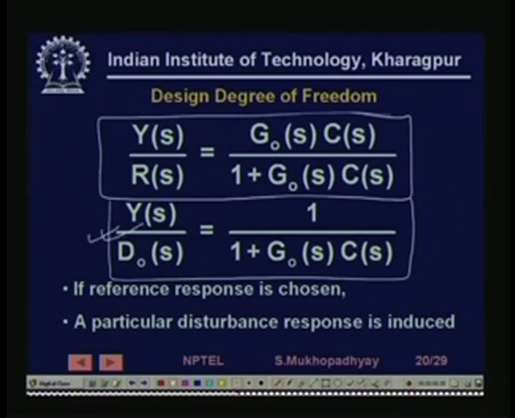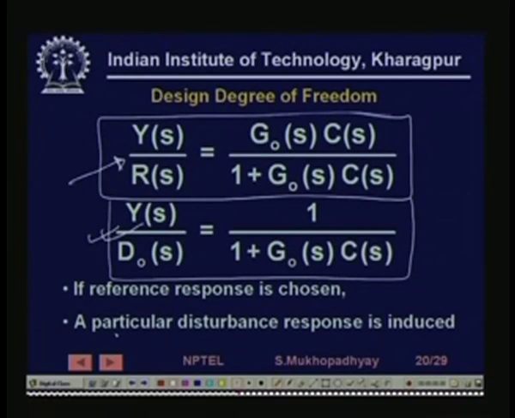Suppose you choose CS to design your disturbance response, then your set point response is fixed. You can't change it. So you have only 1 degree of freedom. You can only set the response to one variable. Or vice versa, if you are choosing CS to get a particular reference response, then your disturbance response is decided.